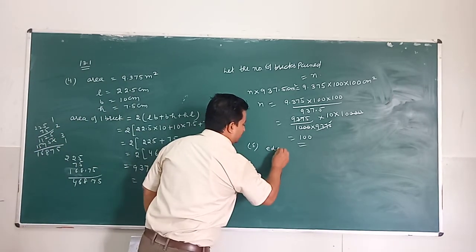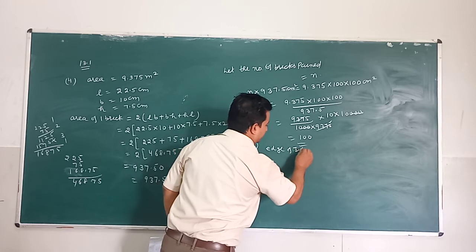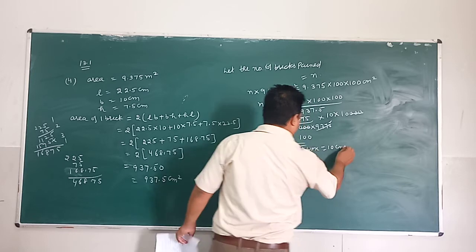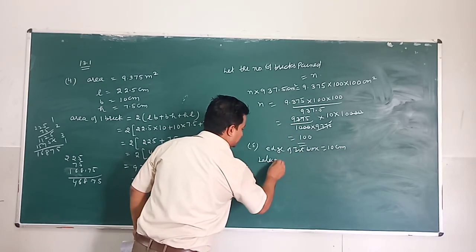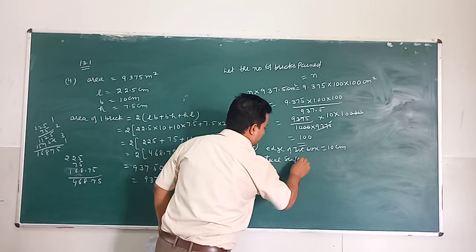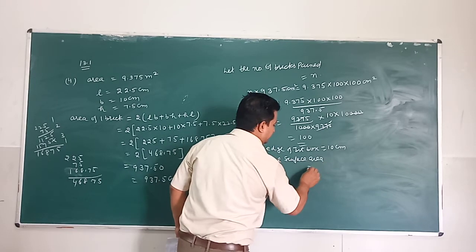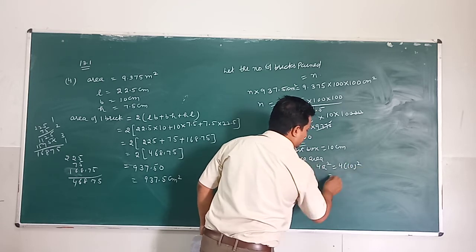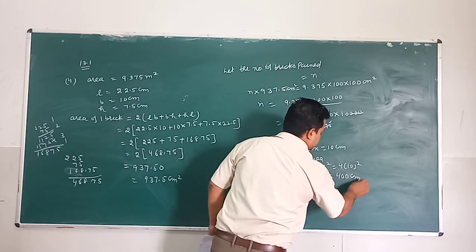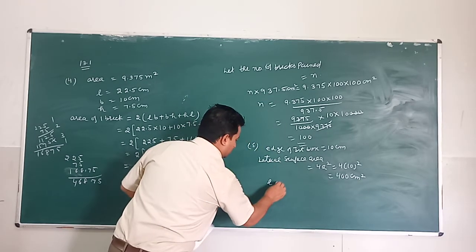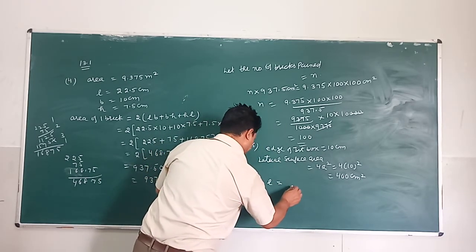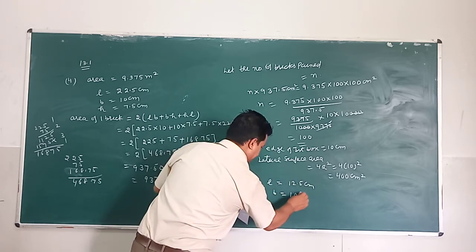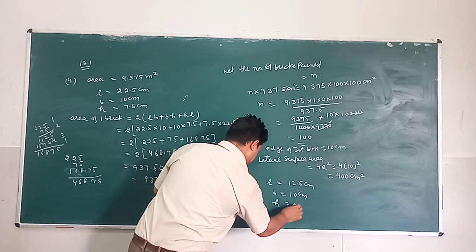The edge of the first box is 10 centimeter, so its lateral surface area is 4 into edge square, 10 square, which is 400 centimeter square.